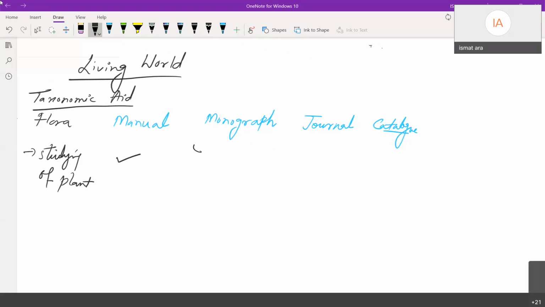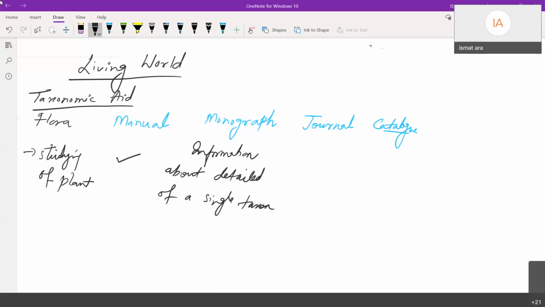Monograph means detailed information about a single taxon. Journal. What is journal, student? Suppose you are doing any research on a plant material, and you want to publish it. If you publish locally, the people of Odisha will read.